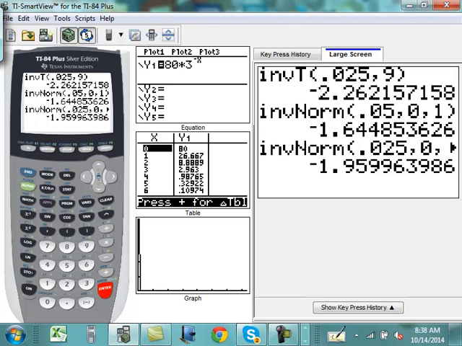With that said, are there any questions about how to get critical values and how to calculate p-values using your graphing calculator? All right, play around with this. If you have more questions, of course, you're always welcome to see me, but you could always Google it. Of course, knowing how to ask the right questions is important as well.